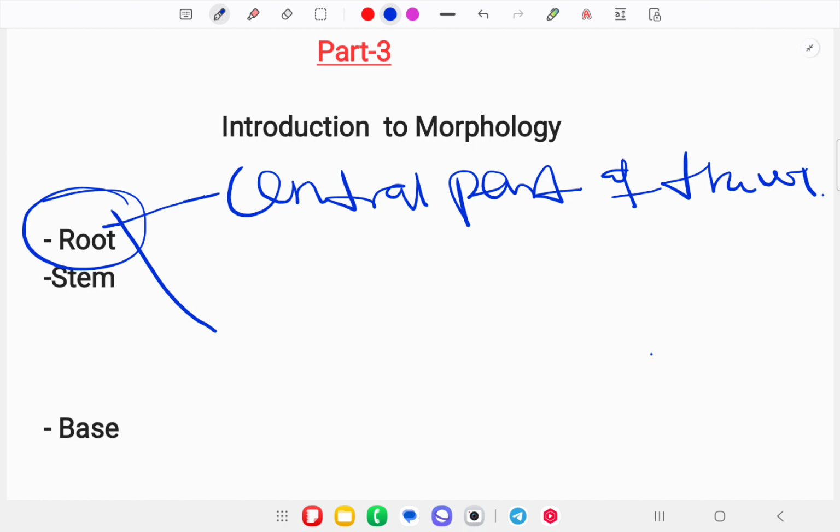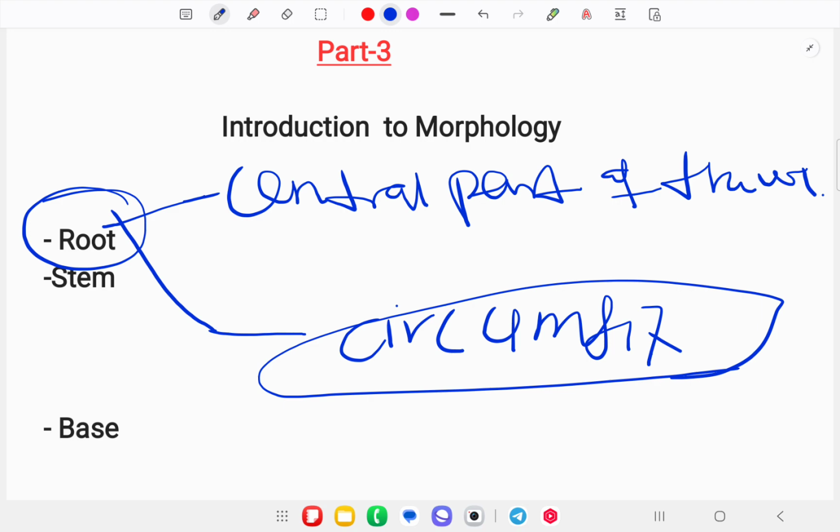Next, we have another definition of root, defined by modern linguists: the root is the form around which the circumfix attaches. What is a circumfix? We already studied it in my previous lecture.